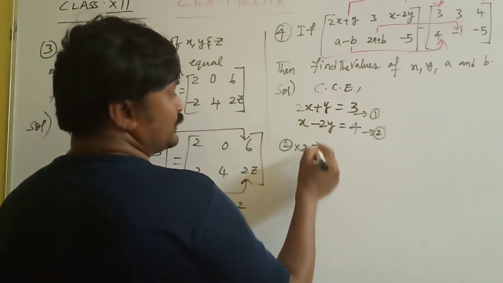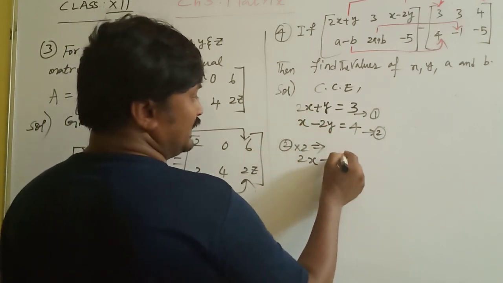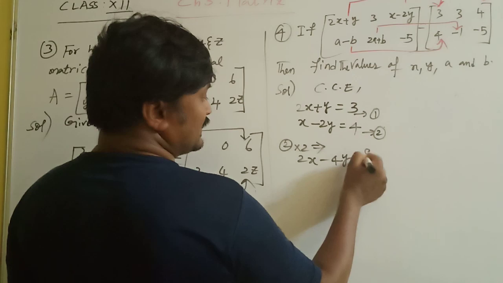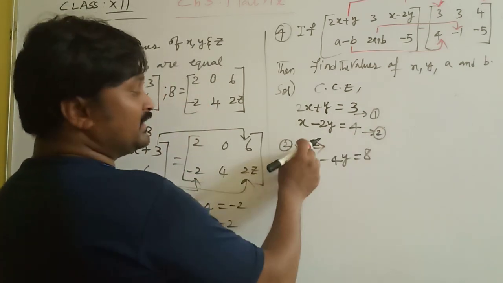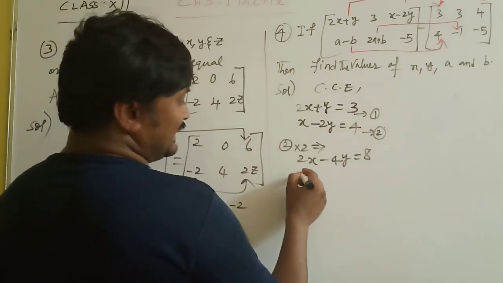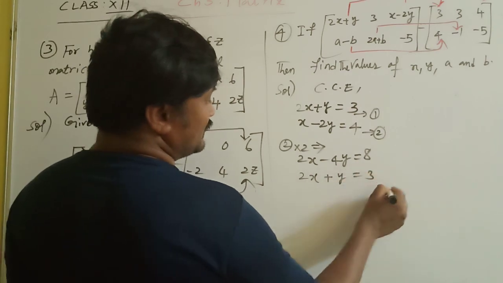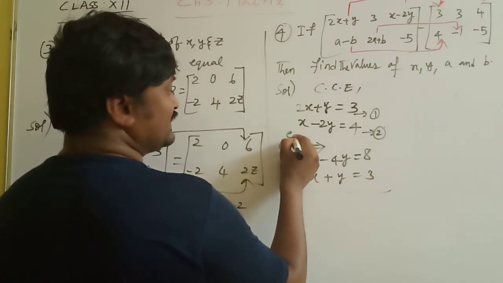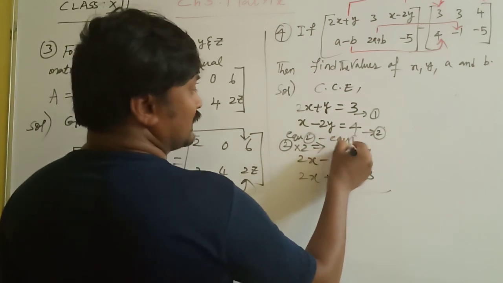Then what do you get? 2 2s are 2, 2 into x, 2x, minus 2 2s are 4y, that is equal to 4 2s are 8. So I multiplied this equation 2 with 2. After that, you take your equation number 1 as it is, 2x plus y is equal to 3. Just subtract it. Here it is equation 2 minus equation 1.